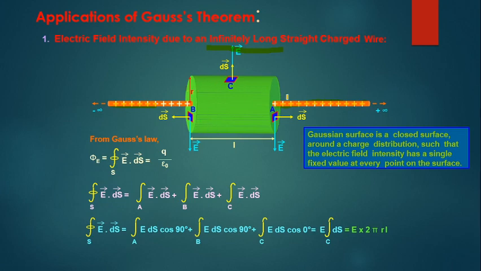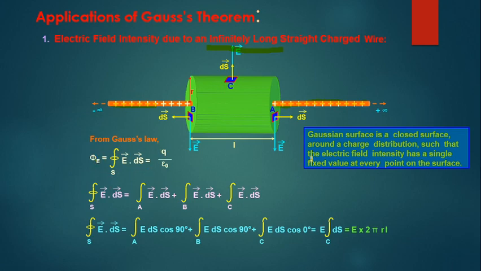So for enclosing this wire charge, we consider the Gaussian surface to be cylindrical in shape. The cylinder has three surfaces, A, B, and the curved surface C. Applying the Gauss theorem in this case, the electric flux over this closed cylindrical surface, the integral of E dS, is equal to Q divided by epsilon naught. This is the Gauss theorem statement.